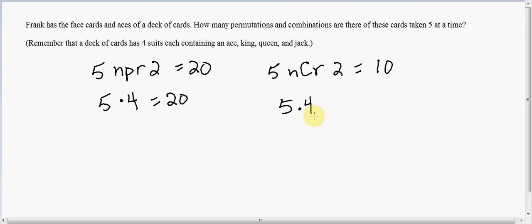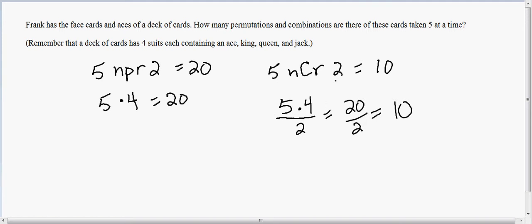Then, just like with the permutations, but this time you divide by this 2. So we divide by 2, and that gives us 20 over 2, which ends up giving us 10. That's the way we could do that using pen and paper.